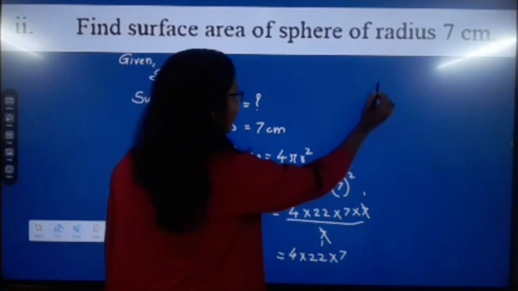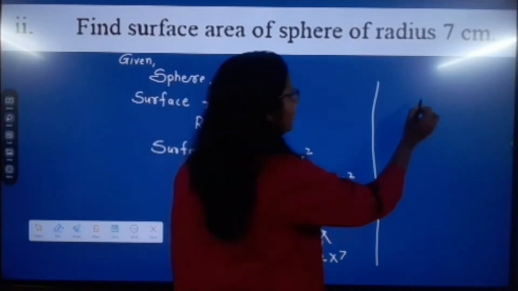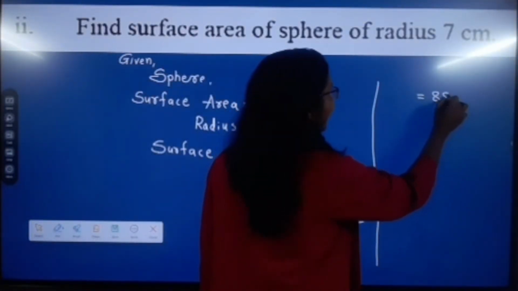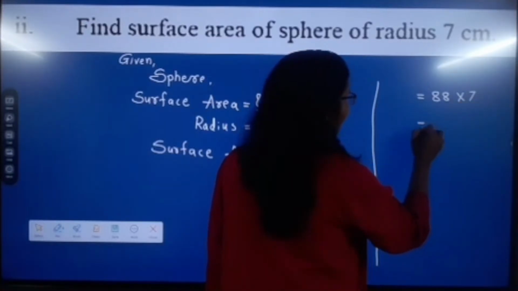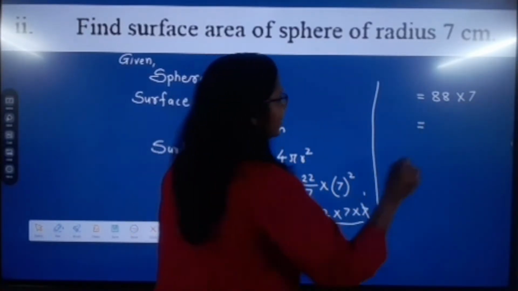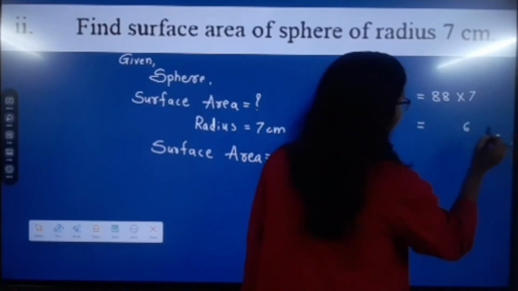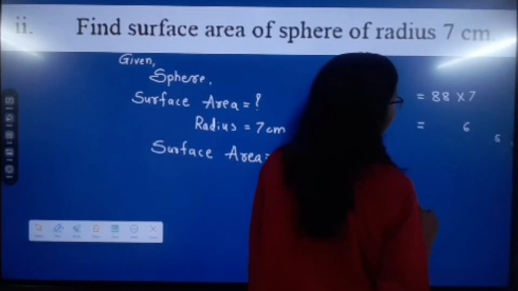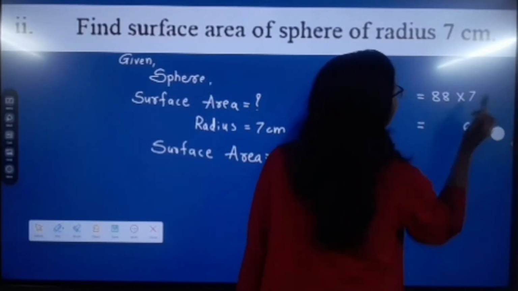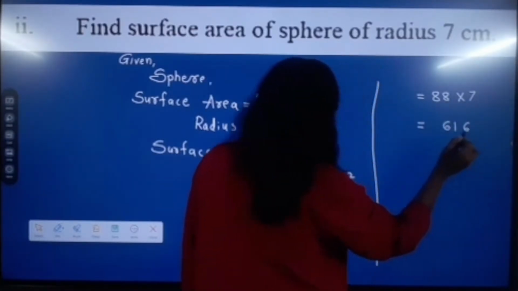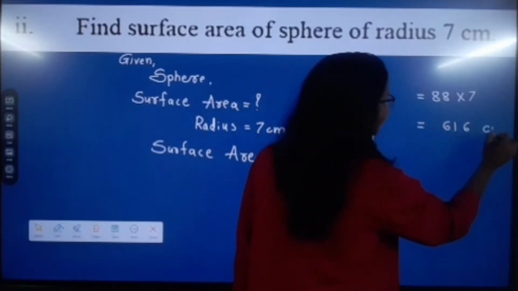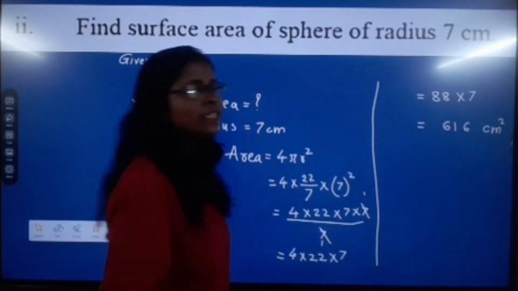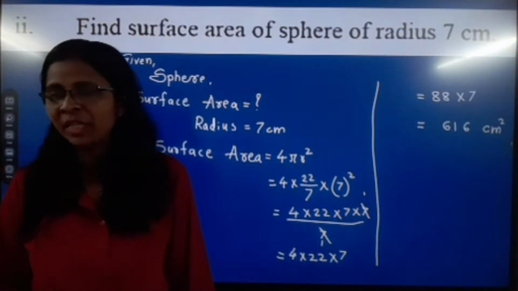So that means 4 multiply 22, that means 88 multiply 7, and that means here, students, 616 square centimeter. Okay, 616 square centimeter.